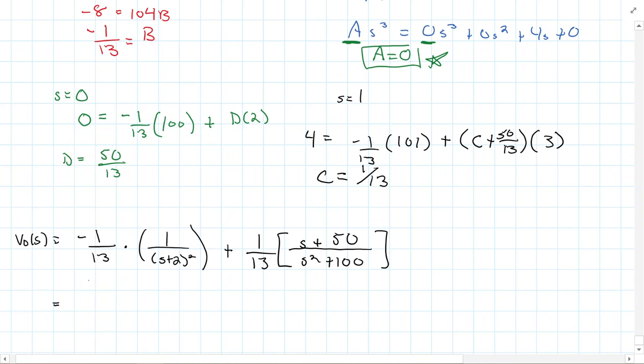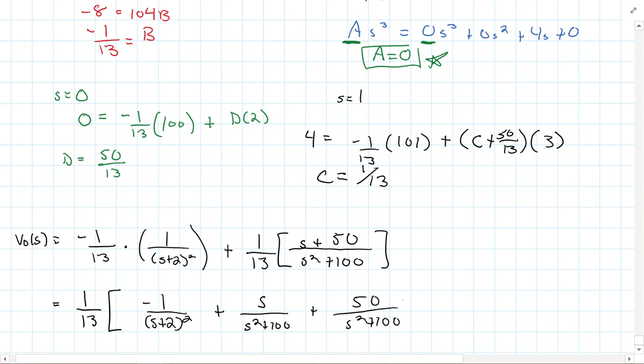And do a tiny bit more work here. So I have 1 over 13 times negative 1 over s plus 2 quantity squared. But then I'm going to write this as s over s squared plus 100 plus 50 over s squared plus 100.